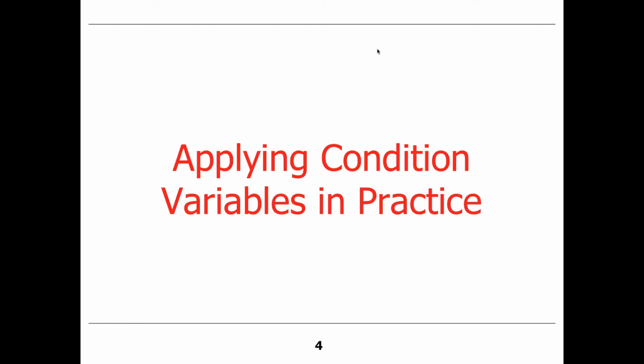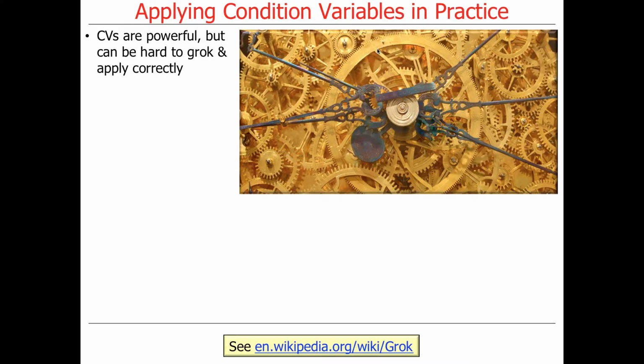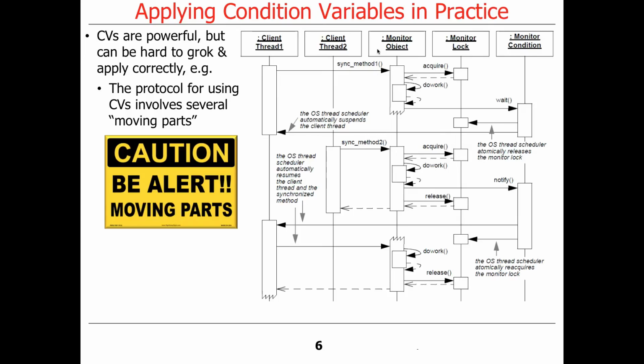And I'm doing this before I talk about the mechanisms of using condition variables, because I think it helps to see the bigger picture. So condition variables are very powerful, but they can be hard to grok or understand and apply correctly, because there's a number of things that make them tricky. One thing that makes them tricky is that the protocol for using them involves several moving parts.